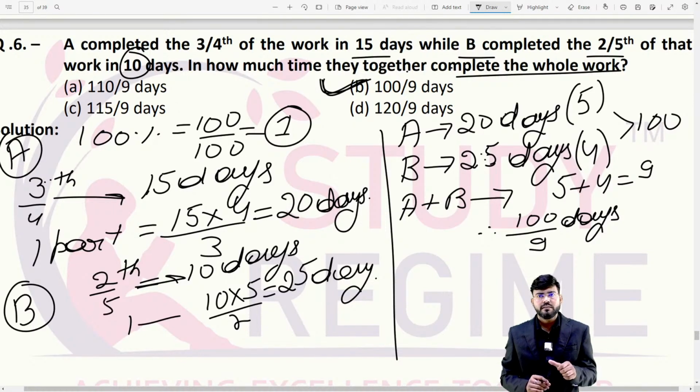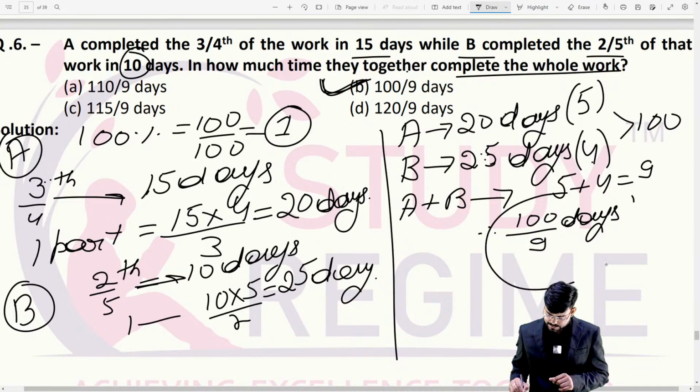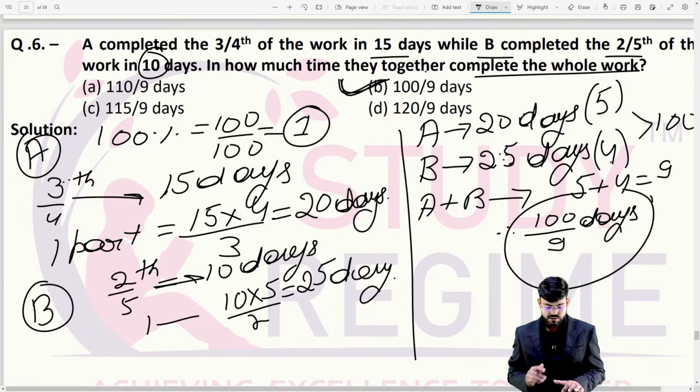So dividing 100 by 20 you get 5 units of work done by A in a day and 4 units of work done by B in a day. Clear? So if A and B are working together, they will complete 5 plus 4, 9 units of work in a day and the total work was 100. So the number of days will be 100 by 9. Very easy question.